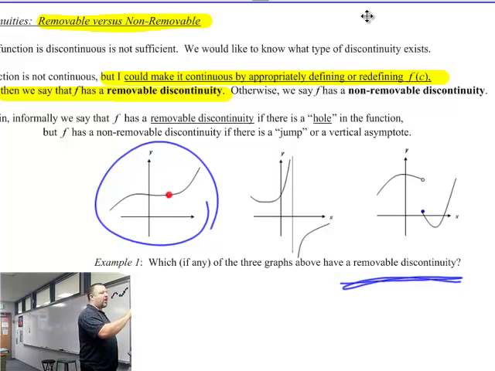Vertical asymptotes, I cannot fix with one point. I don't care where I put this point, it's not going to fix my continuity issue. Over here, I don't care if I put it here, here, here, or somewhere in between, it's not going to fix my continuity issue. I have to move lots and lots of points. The only one that I can fix with a single dot is the one with a hole that someone has plucked out of my function. So the only one that has a removable discontinuity is the first one.